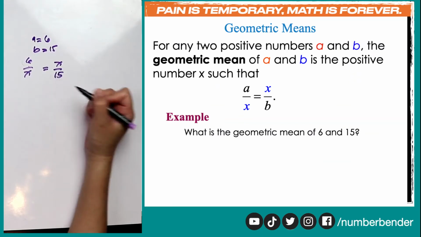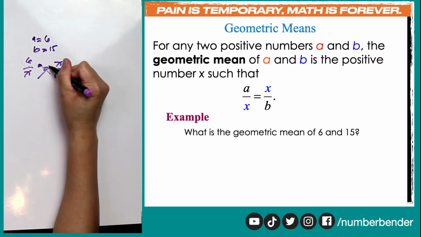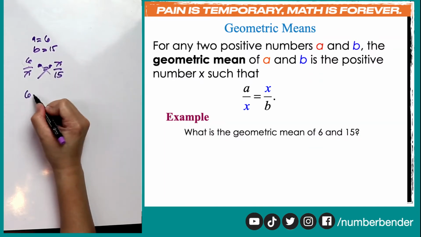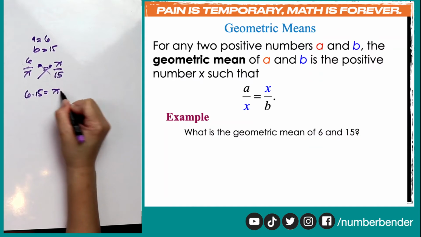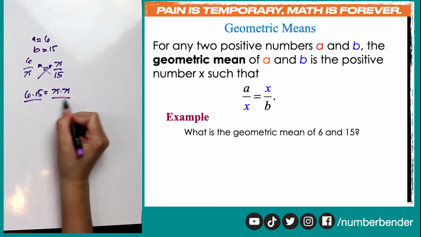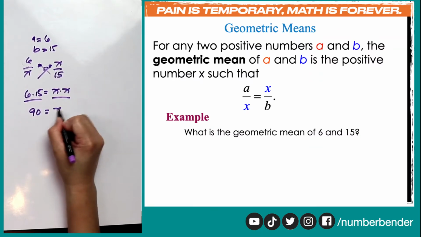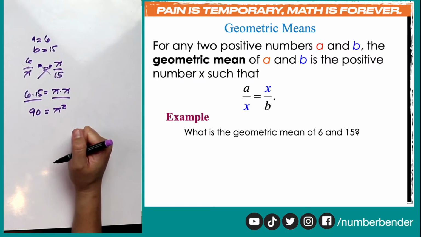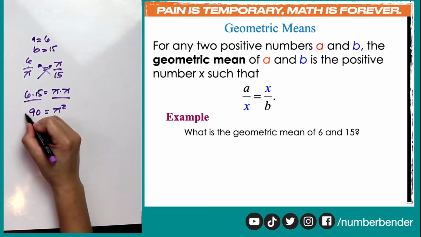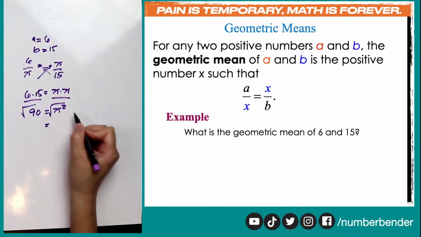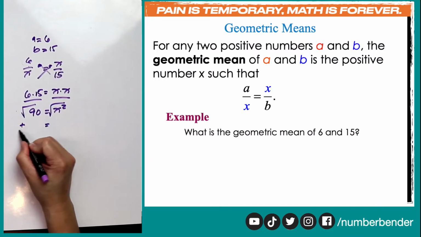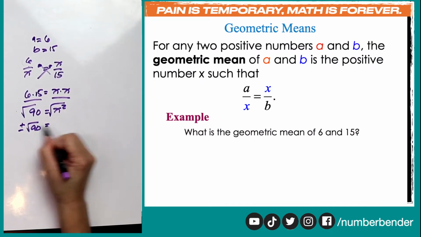And by doing cross products or cross multiplication, we'll have 6 times 15 equal to x times x, which gives us 90 equal to x squared. And from here, we'll be able to find the value of x by taking the square root of both sides, which will give us positive or negative square root of 90 for x.